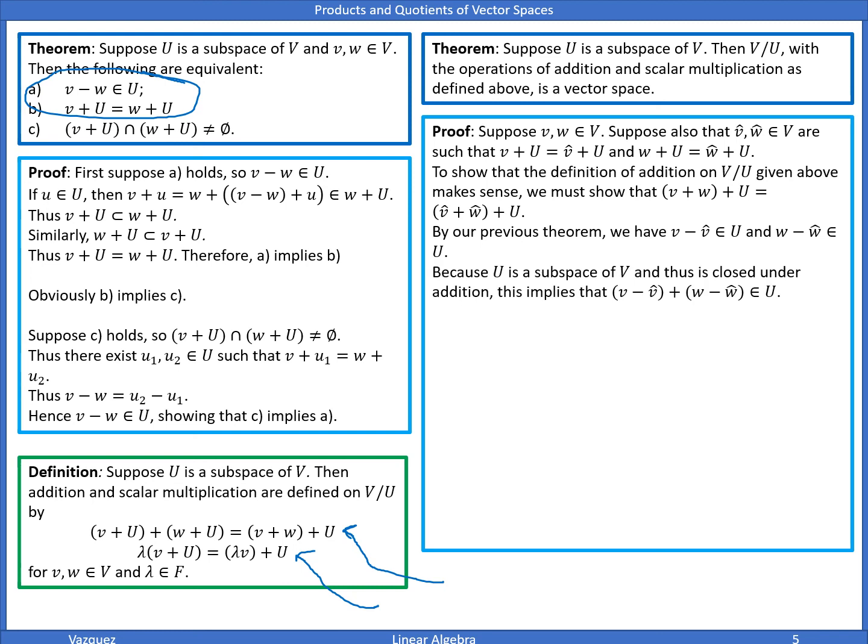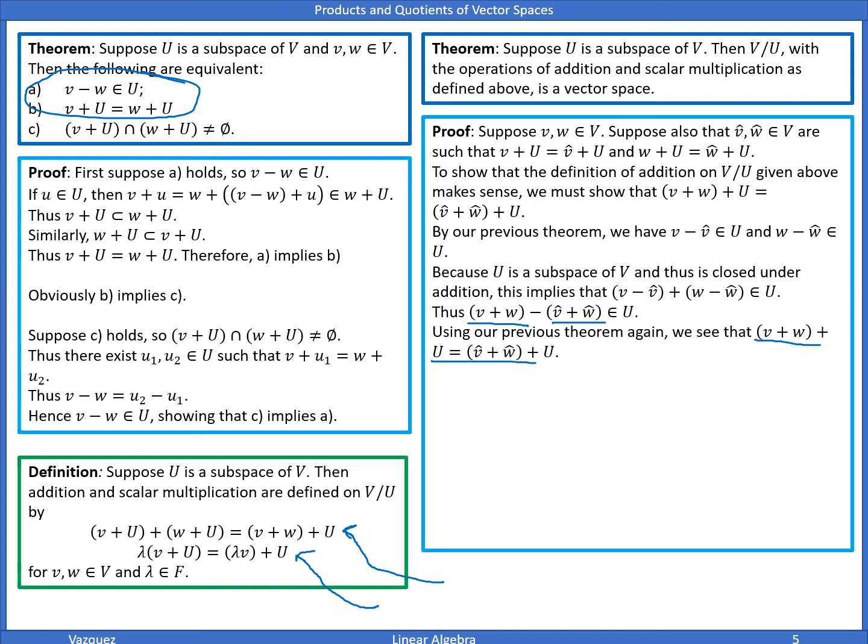Well, because U is a subspace of V and it's closed under addition, we have that v minus v hat plus w minus w hat is in U. And therefore, it's just saying the same thing, that v plus w minus v hat plus w hat is in U. And what does that state? Well, that this equation does hold.